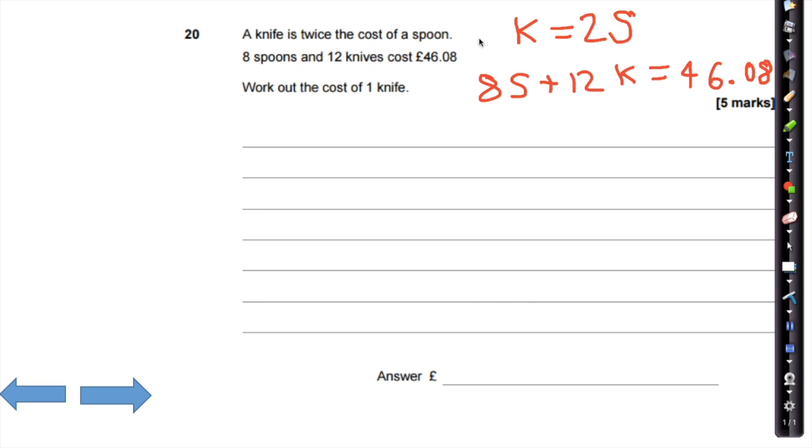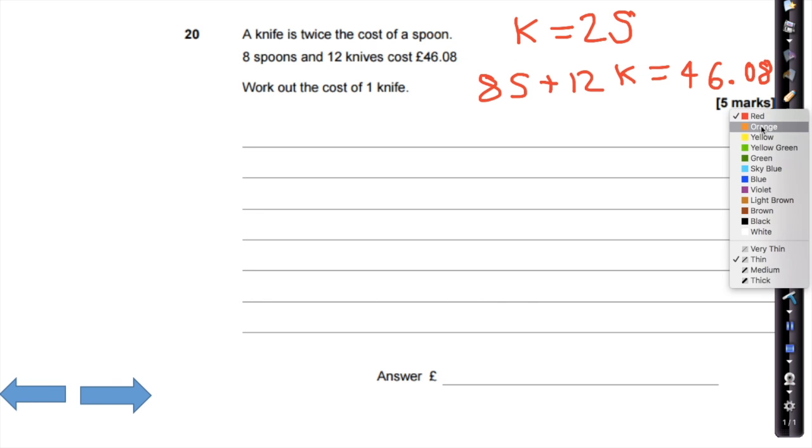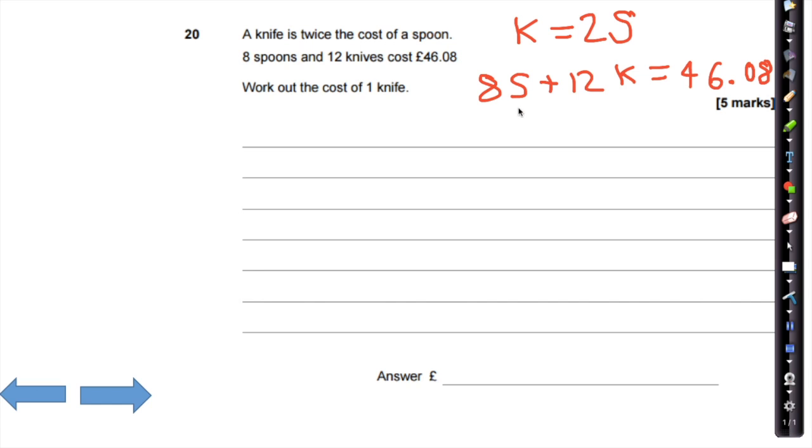So if K equals 2s, and we know 8s plus 12k equals £46 and 8 pence, this is a simultaneous equation, we can substitute. If we know that k equals 2s, we can replace that k with what we've known it to be from the first equation, which was 2s.